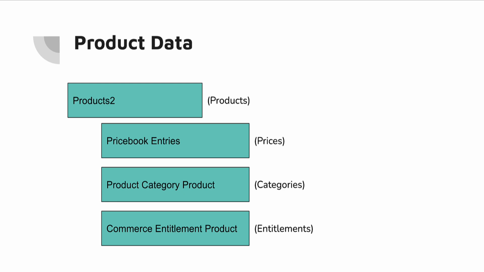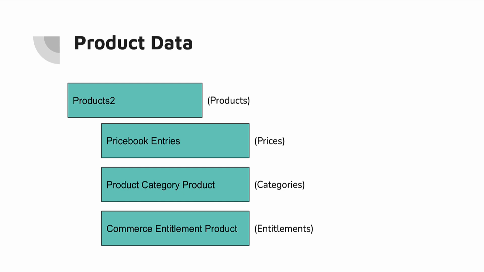And the two of those connected together makes this product category product record that links them. Lastly, we have the commerce entitlement product, which again is a junction record that connects the entitlement policy that we've shown and worked through many times and the product. So that product can show when that person is entitled to see those products.